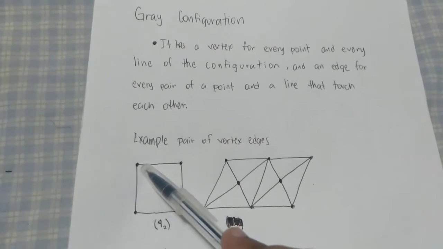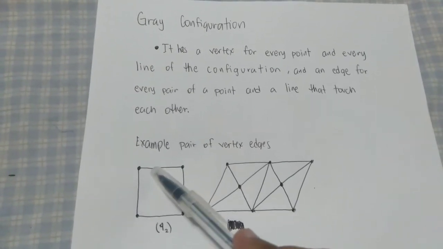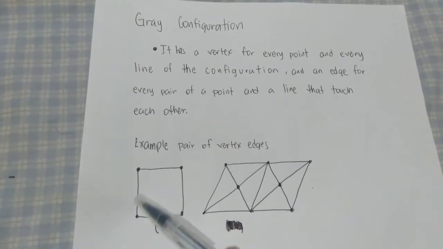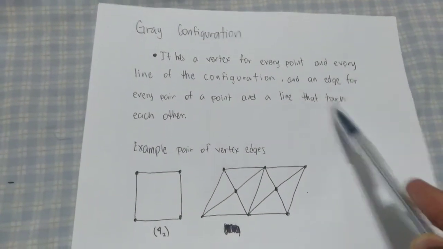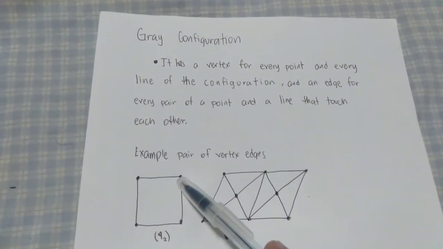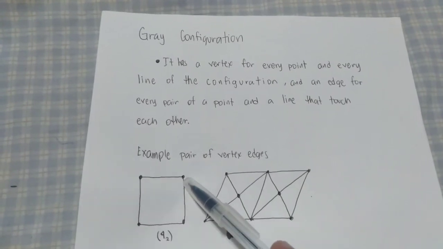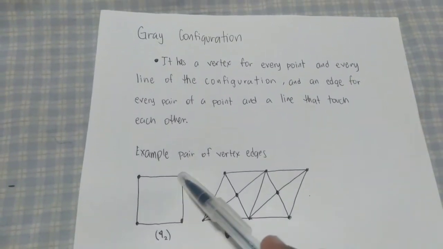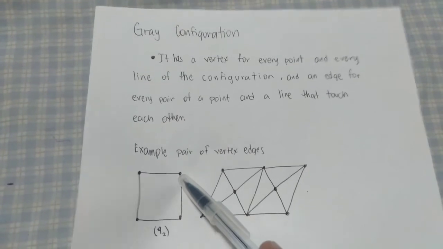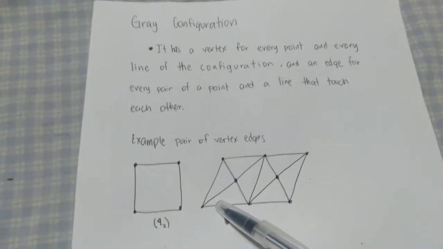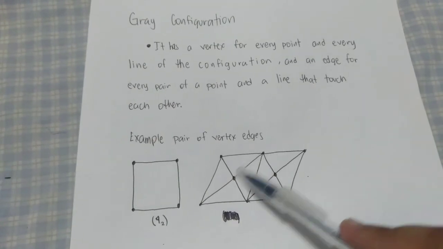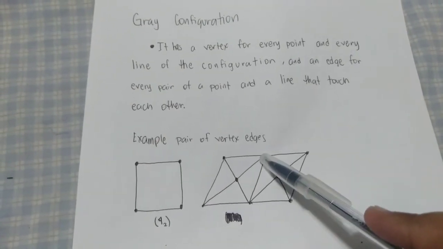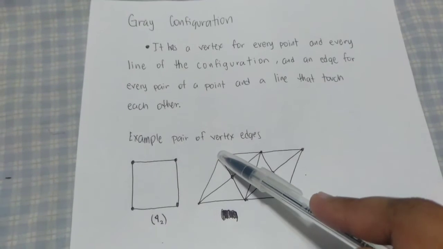This is a vertex. This is an edge. So that touch each other. So this is the other pair of the vertex. Touch each other. And like this, this vertex to this vertex, its pair is this.